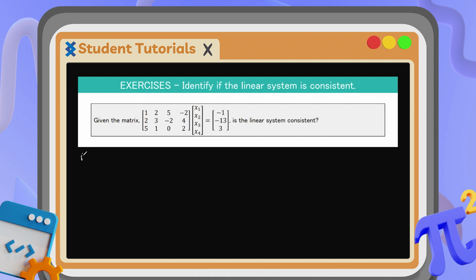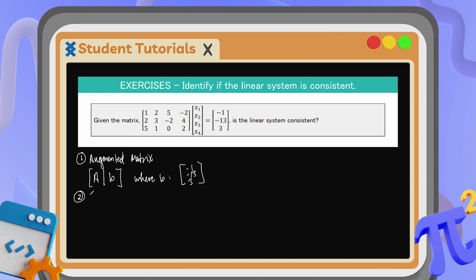So first, create the augmented matrix. This augmented matrix would be the entire matrix on the left-hand side, or your A, and then on the right-hand side would be the matrix which is your B, where B is again -1, -13, and 3.